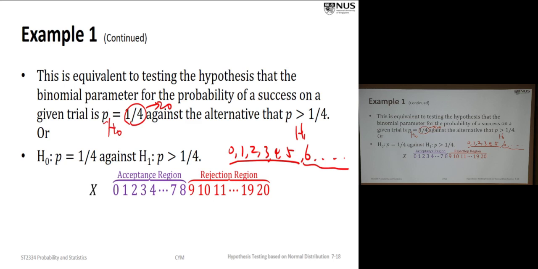You see, you just look at the mean. The mean is 5 because it's 1/4 of the 20. So it's not reasonable to make such a decision. You're just looking at less than the mean or greater than the mean, so it's likely to be half-half, but of course not exactly half. Anyway, this is for this particular problem. This is our decision.